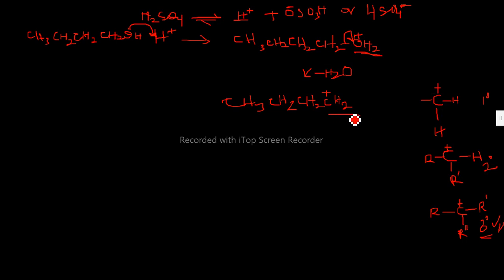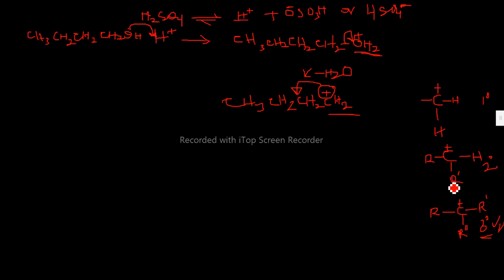In cases where you have a primary but have a chance of forming a secondary, if we transfer this charge and put it on this carbon, and we remove one hydrogen, then we shall form a secondary carbocation from the primary.